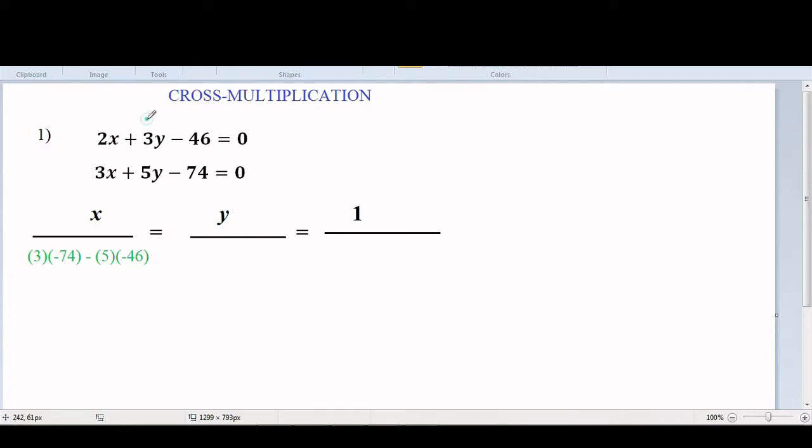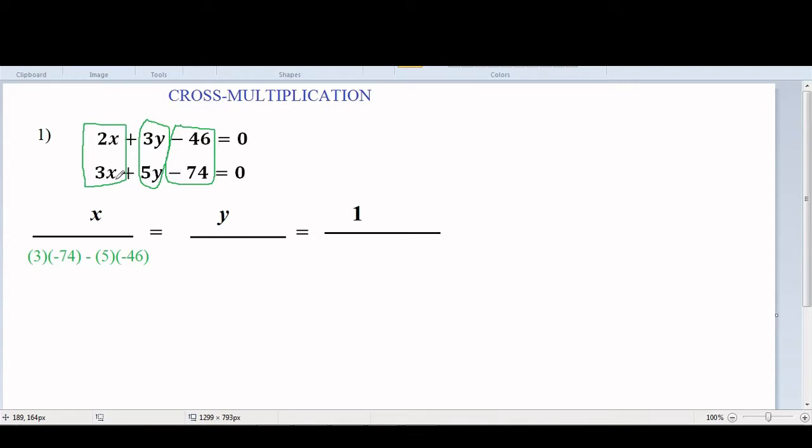Now in case of y, you have to ignore the y part and you have to consider these two parts, that is this one and this one. For solving y, you have to do the cross multiplication method but in the opposite direction. That is, at first multiply 3 into minus 46, then giving a minus sign, multiply 2 with minus 74. I am repeating once again, the process of cross multiplication in case of x and y will be in different orders.